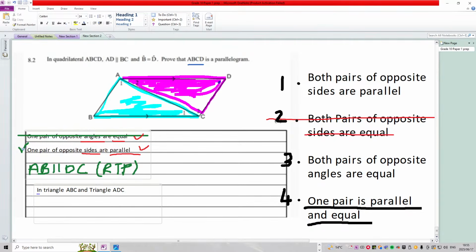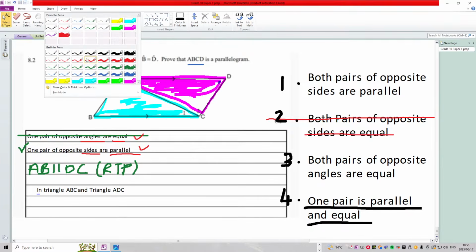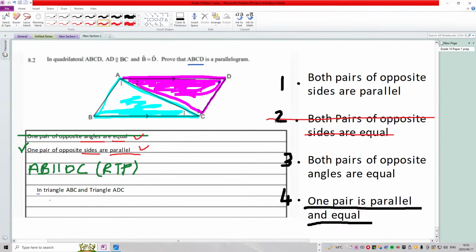We have been given that angle B is equal to D. See that? We're going to write our reason: given.